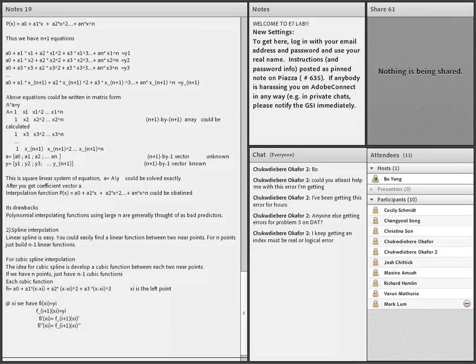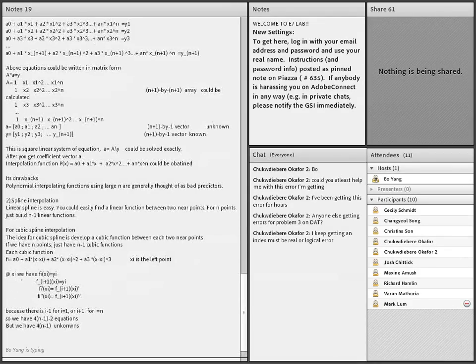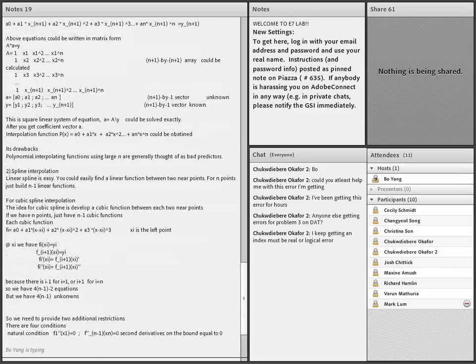So in that case, we just have 4n-6 equations, but we have 4n-4 unknowns. So we still need two equations. We have to provide 2 additional restrictions. We call them boundary conditions.